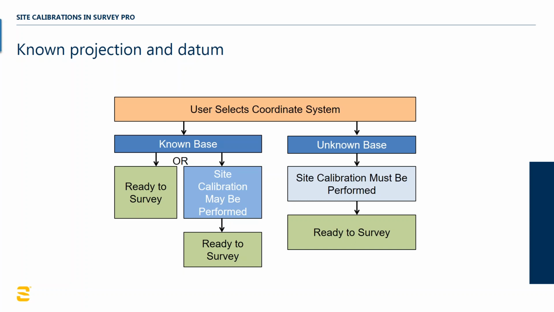So another way of saying what Graham said in the inverse is that the reason you may perform a site calibration with the known base is because the known base may truly be unknown. And that couple of centimeters of difference turns that known base into an unknown base. And then we're on the other side where we must perform the calibration. I would say the known base is one that we've used every day for the past 2 weeks.